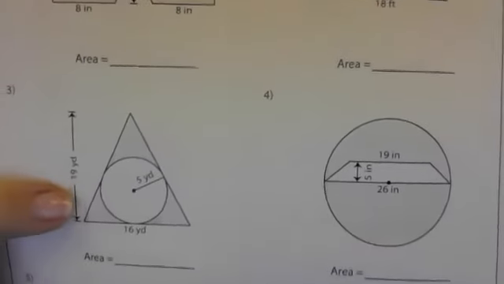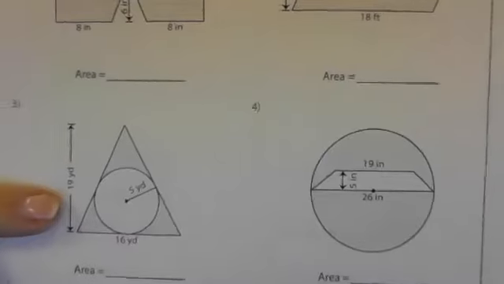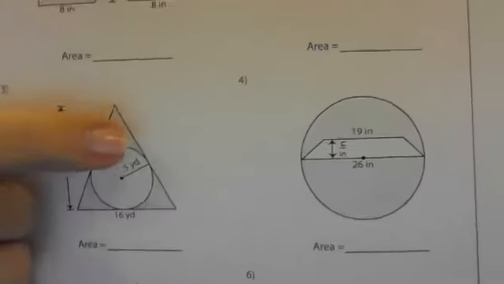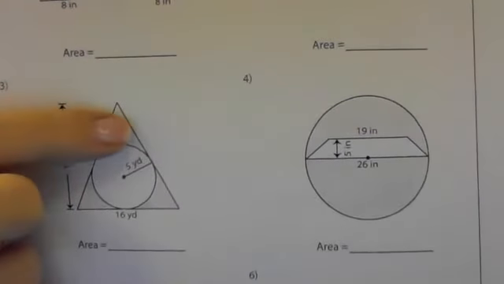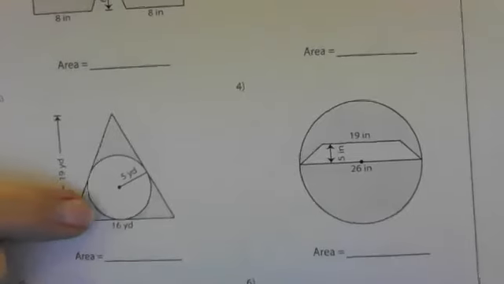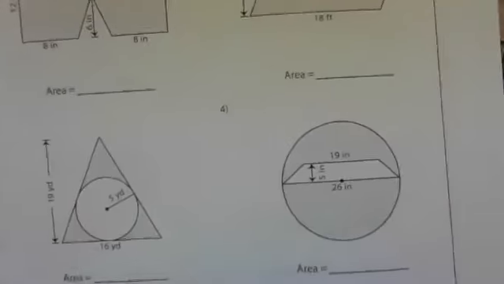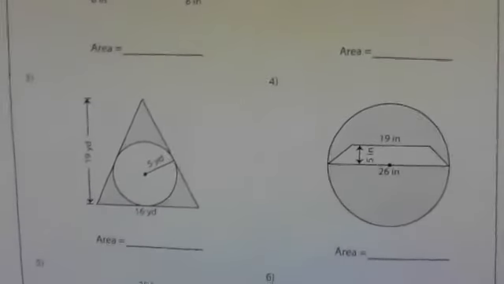Okay. Number 3 is the one that we're going to work on now, right here. We're going to find the area of the shaded place, and the shaded, if you can't tell, is right up here and here and here, which almost looks like a triangle, but you can't do a triangle because it's got some curves going on.